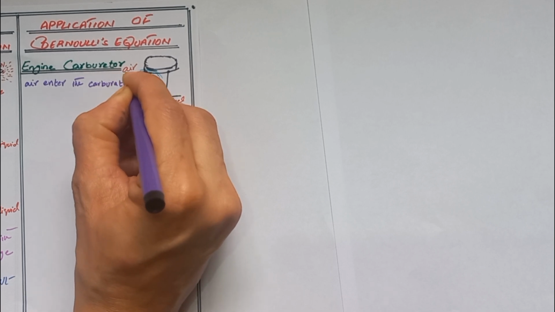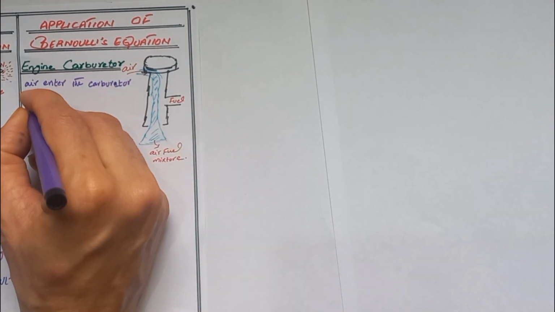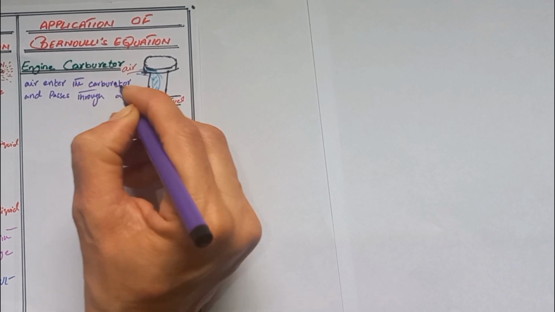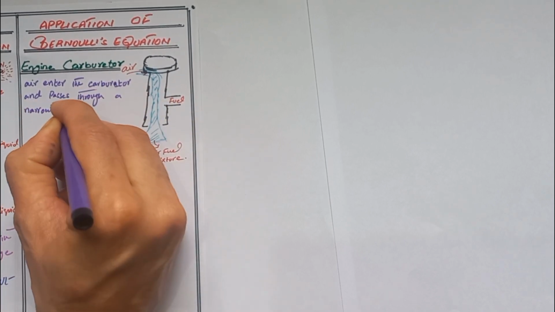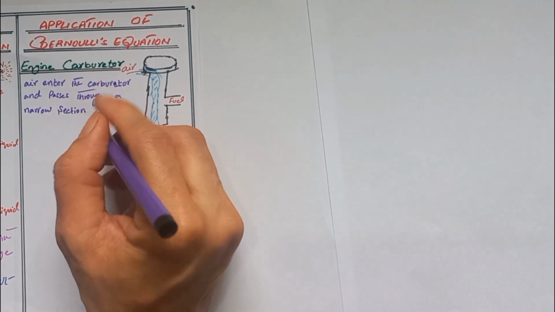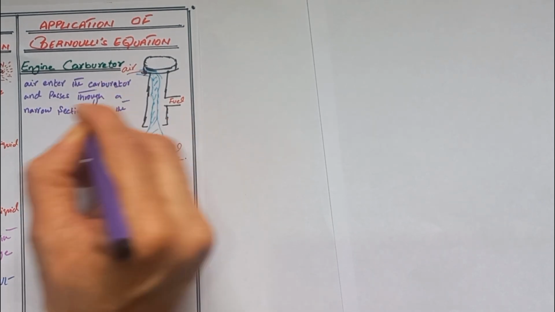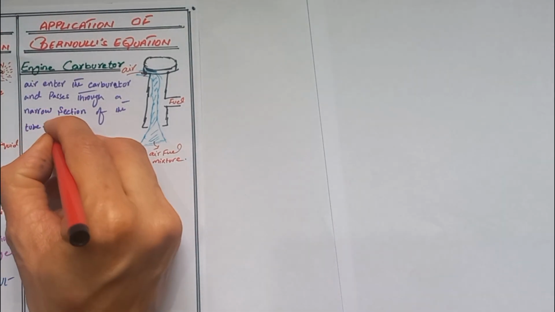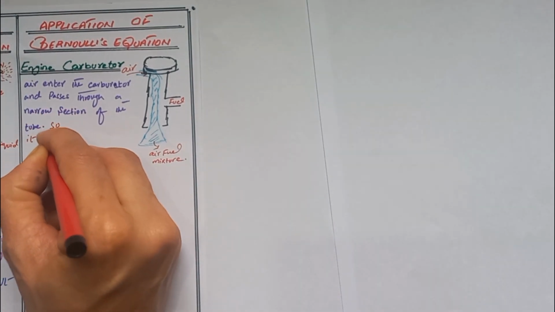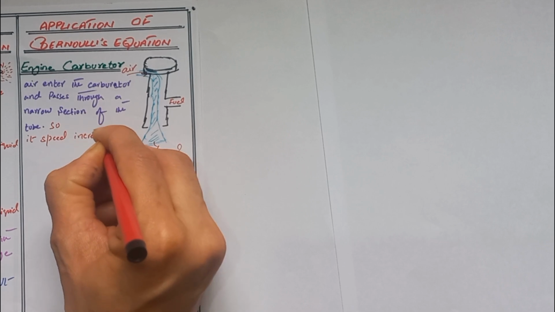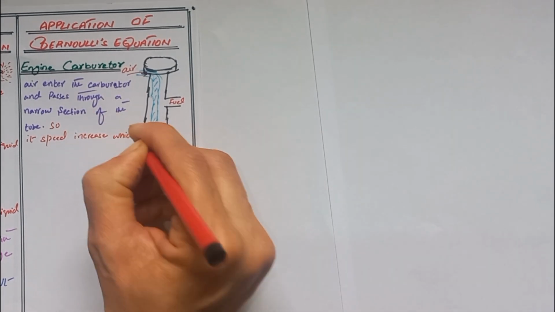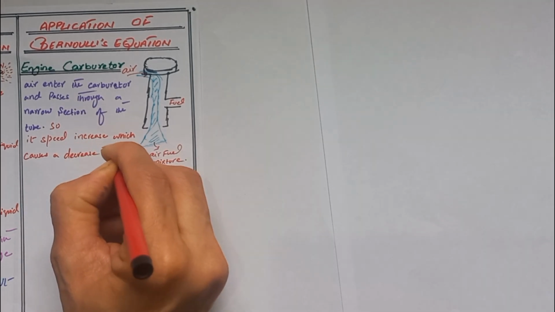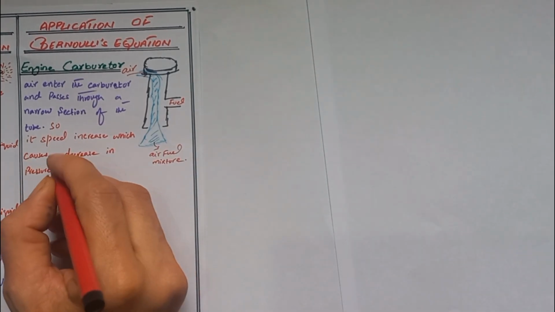So here we write: air enters the carburetor and passes through a narrow section of the tube, so its speed increases, which causes a decrease in pressure.